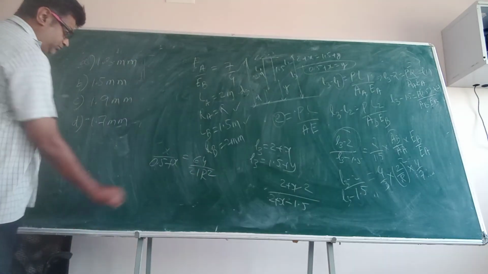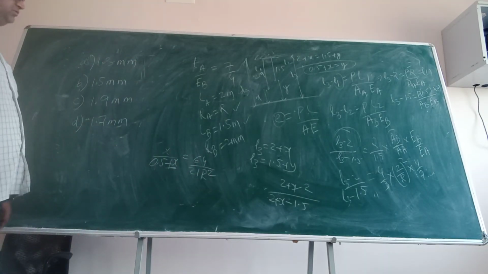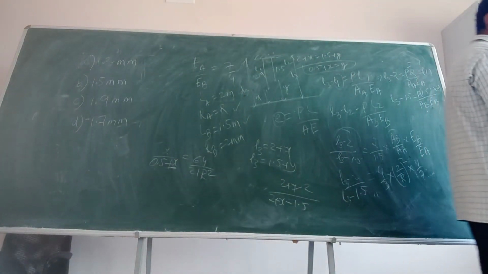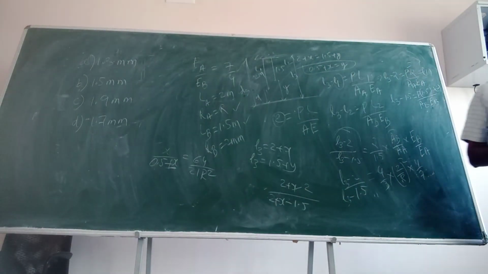So if you can solve this x, we can get the value of r. So let us read the question again properly. Let us see if any condition we are missing.